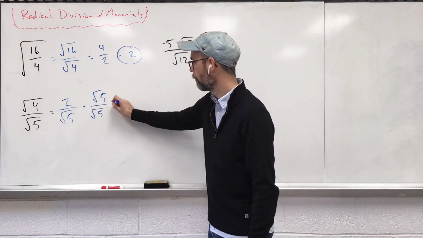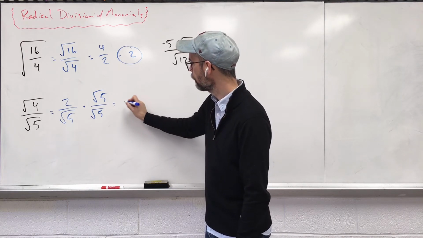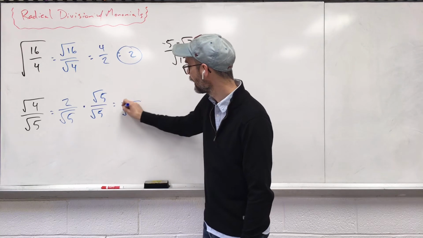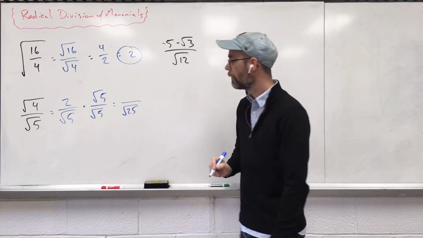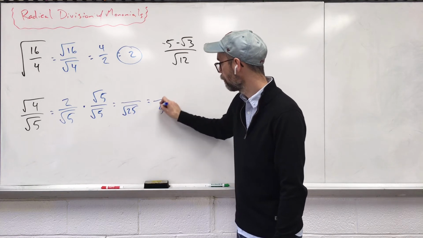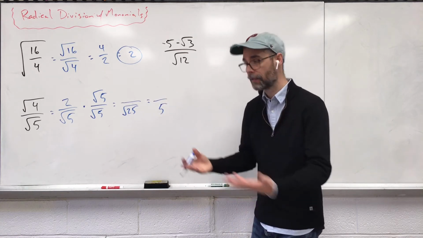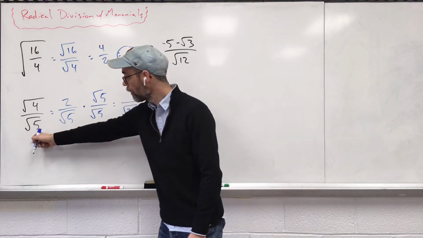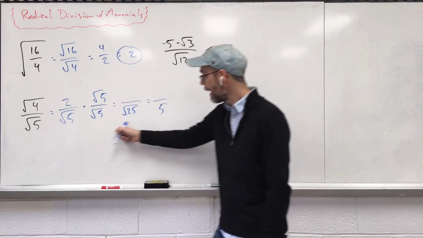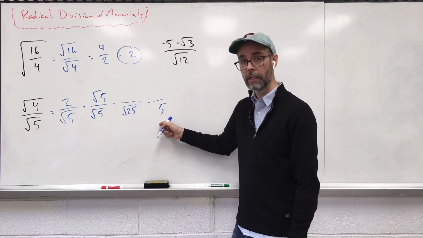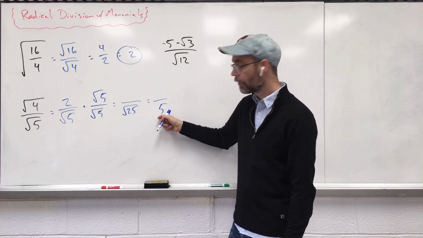So let's see what happens. And why did I pick 5 under that radical? Because when I say 5 times 5, I get 25 under that square root sign. That is the same thing as saying positive 5 when I actually take the square root. That's my goal. I started with a number inside the radical, and now I no longer have one. That's what our whole goal here is, to get rid of the radical in the bottom.